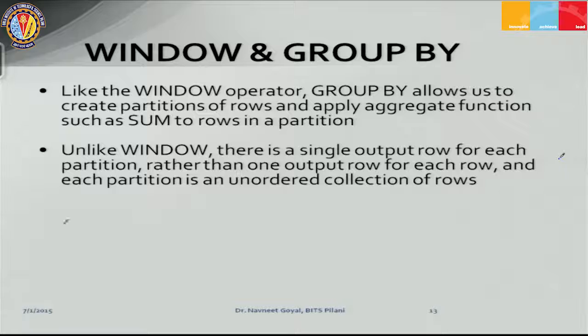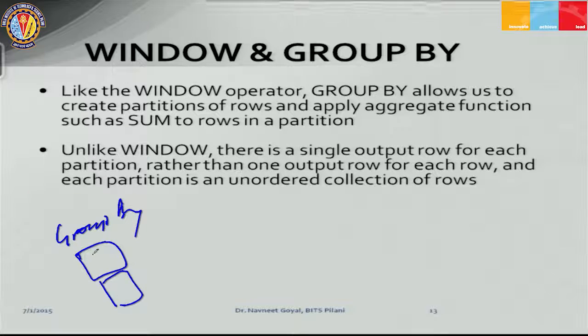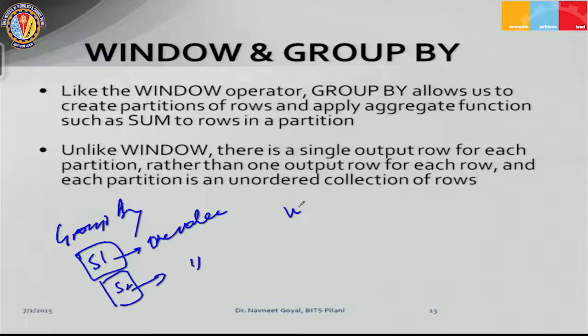So in case of group by, you create partitions which are, say, based on states, say state 1, state 2, and there will be one value for each partition. Whereas in window, for every row, say if I have this row as 2006, this is 2007, 2008, and I'm also taking 2005, right?